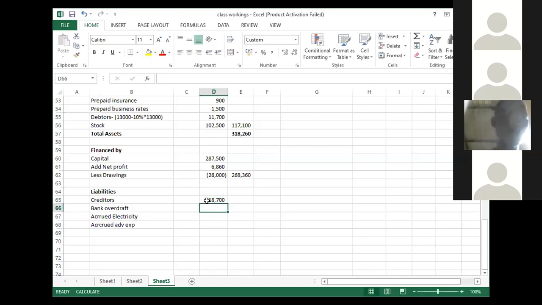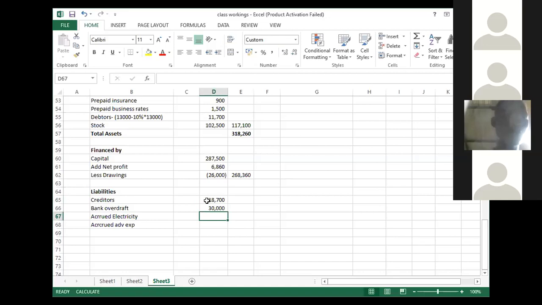It's not being affected by anything in the additional information. Then we have bank overdraft. The amount was 30. Kindly establish that from your TB.